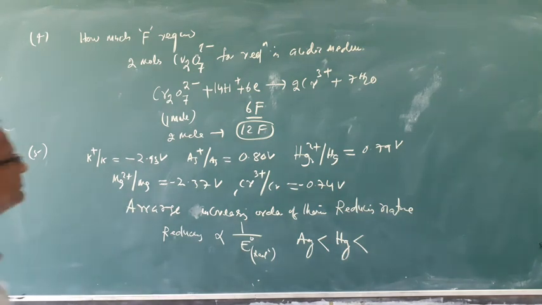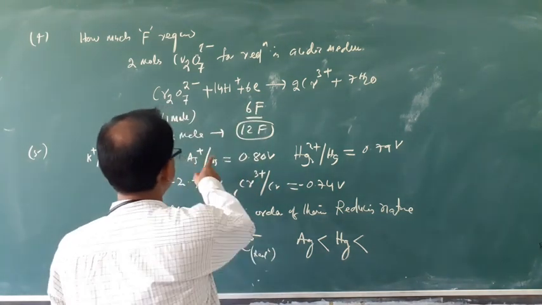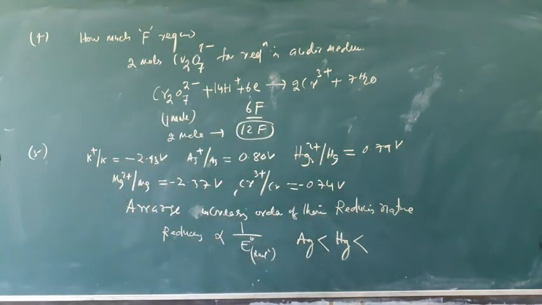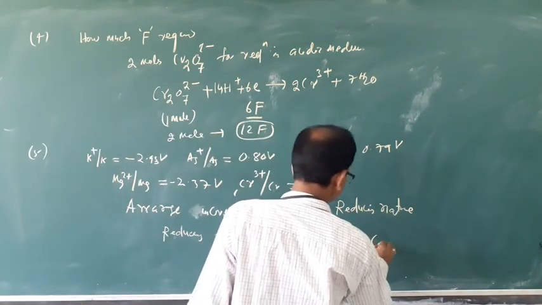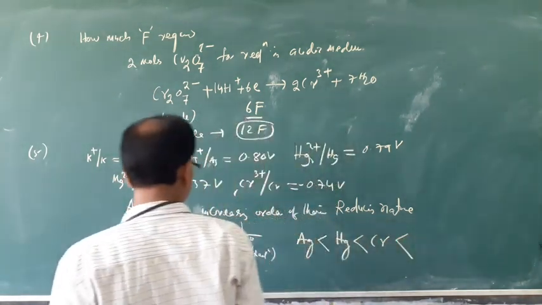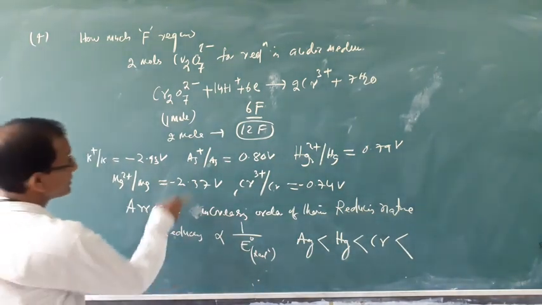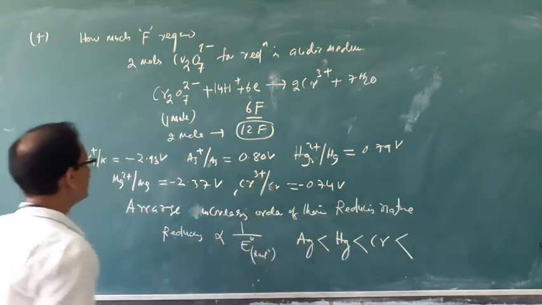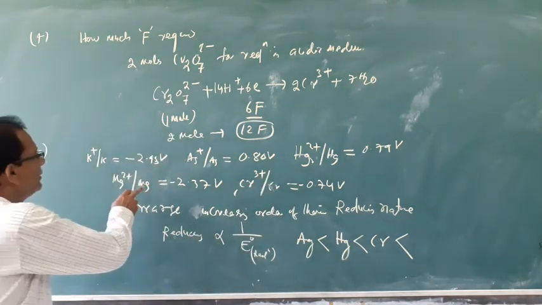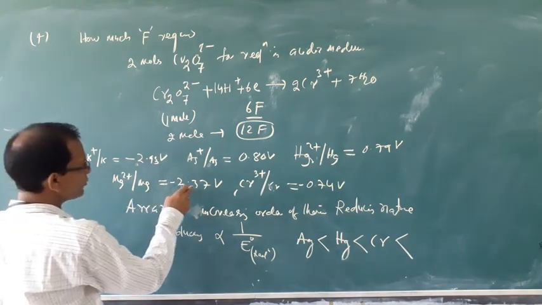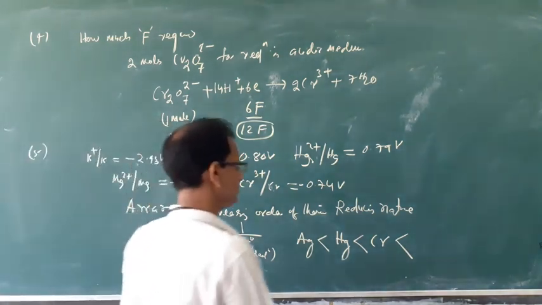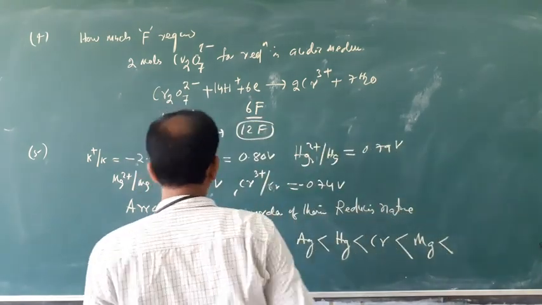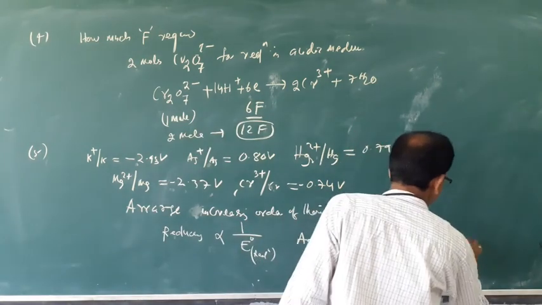First silver, then mercury, then chromium. Among minus 2.93 and minus 2.37, this is greater. So then magnesium, then the lowest reduction potential is potassium.